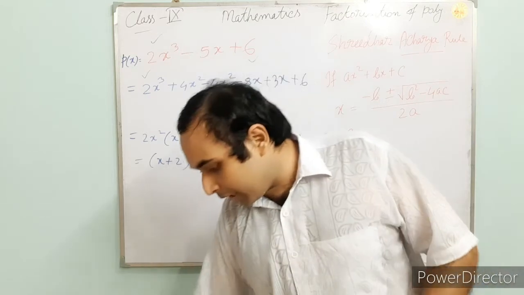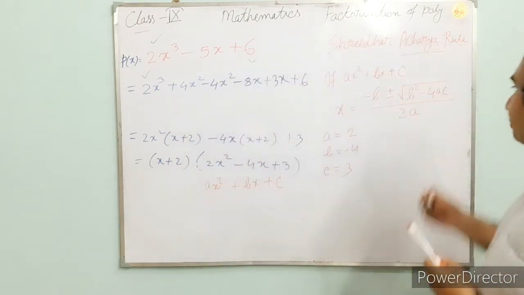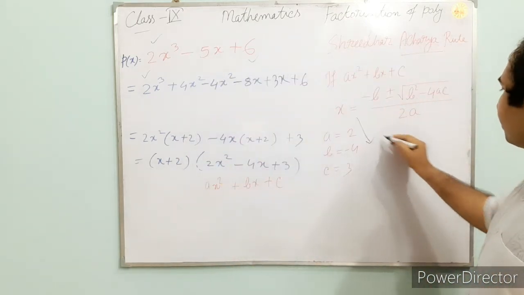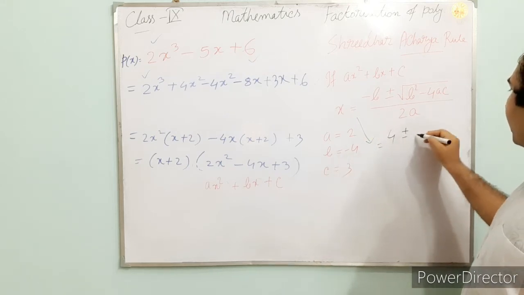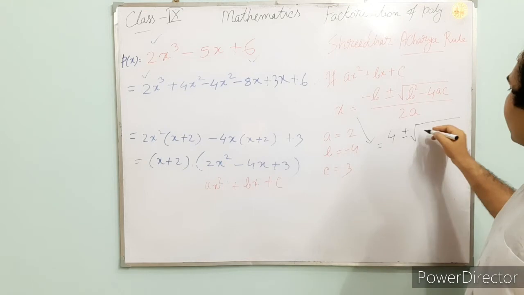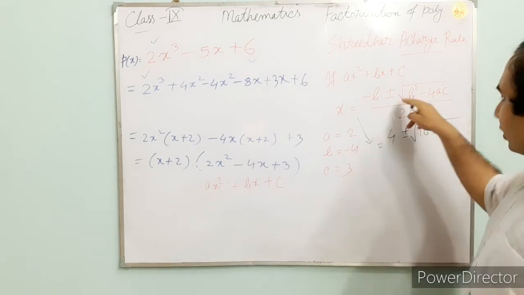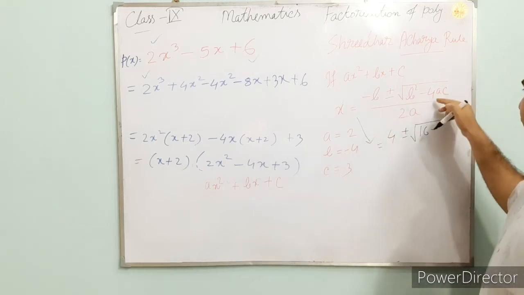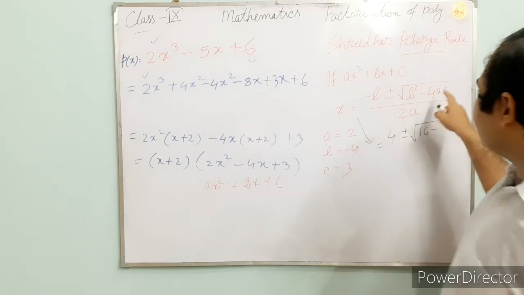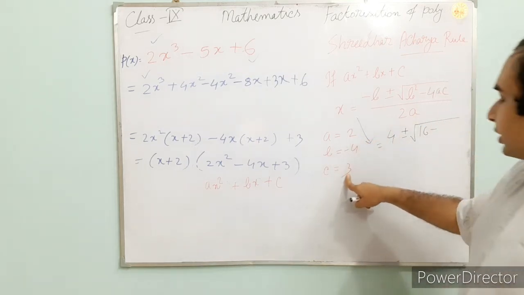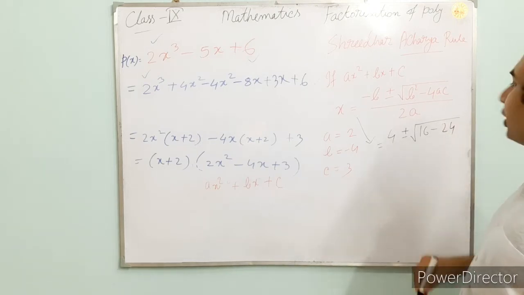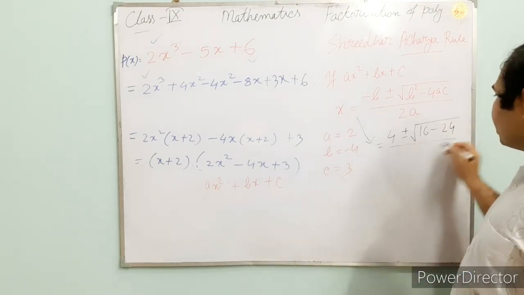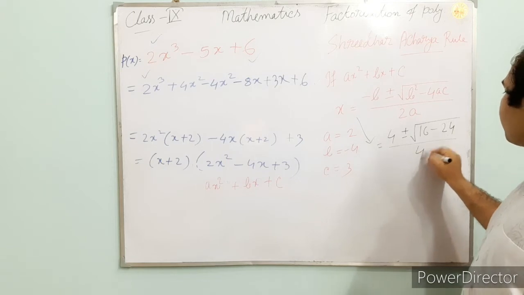So if we apply here, we are getting the zeros equal to minus b, that means 4, plus minus root over b square, means 16, minus 4 into a into c. So a is 2, c is 3, 2 3s are 6, 6 into 4, it is coming 24, by 2a, 2a means 4.